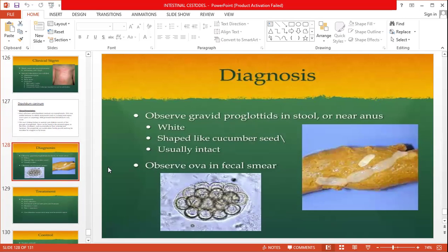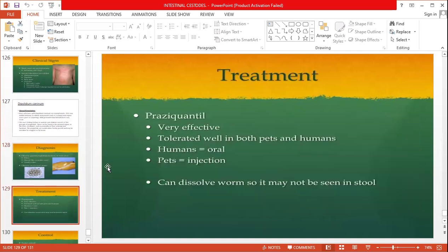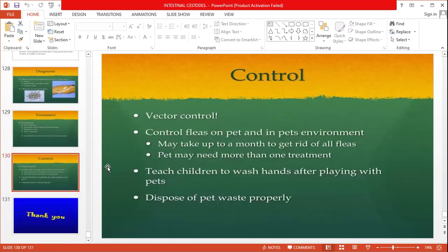Observe them in the fecal matter. Treatment with praziquantel is very effective. Vector control: control fleas on pets and in the pets' environment.